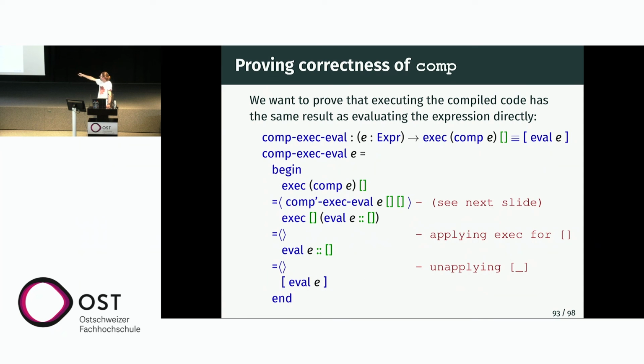But basically, we need a lemma saying what this comp prime, so this function with the accumulator, does. And it turns out that this is the same as doing this, and then we have no more instructions left, right? And we have to see, well, what does exec do then if the instructions are gone? Well, we just have the stack itself, and that's the end result, right?